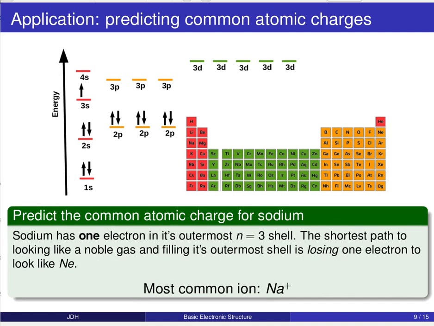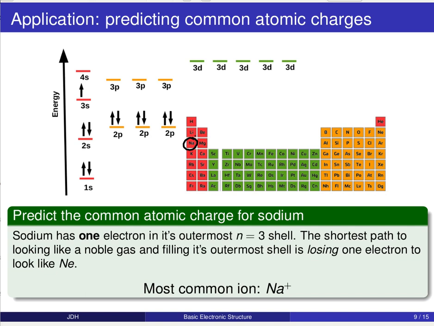Okay, so now if we go down a row on the periodic table, look at sodium here. Sodium has as its outermost electron the single 3s electron. And now we want to determine what the closest noble gas is if we are going to determine the common ionic charge.